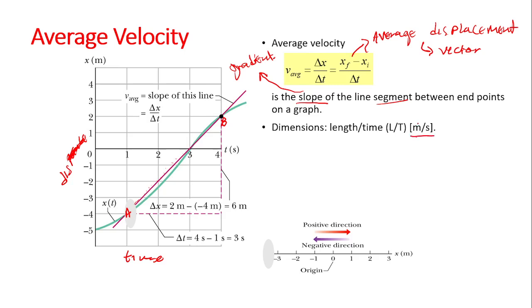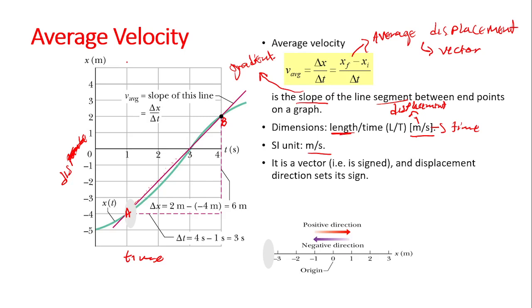Meters is coming from length, which is coming from displacement, and second is simply time. So the SI unit of average velocity is just length over time, or meter over second.